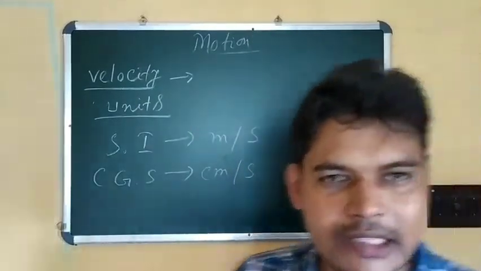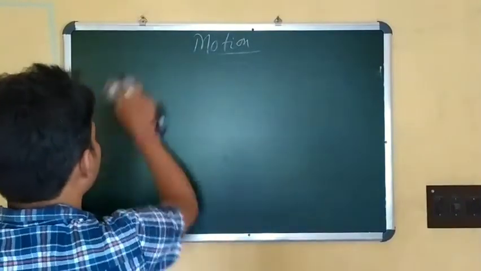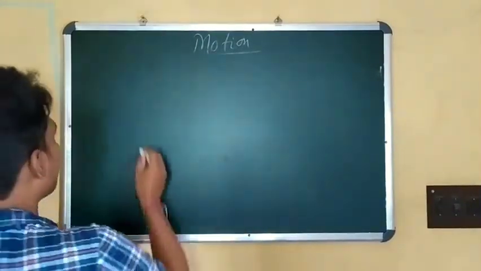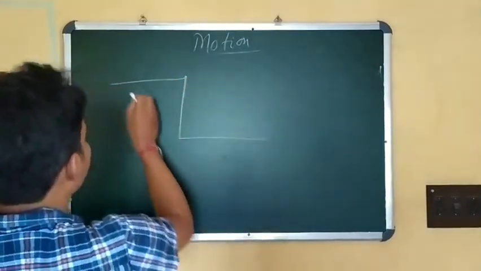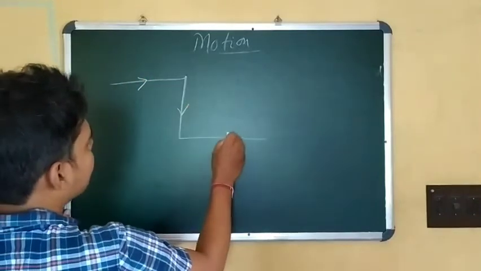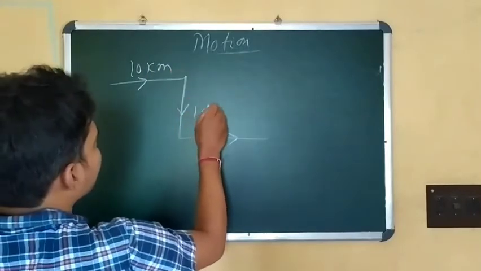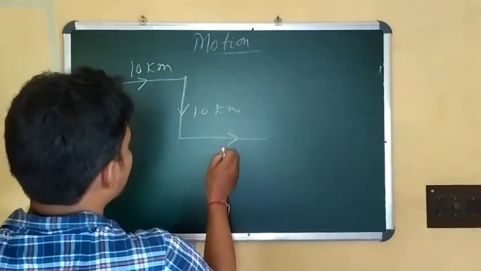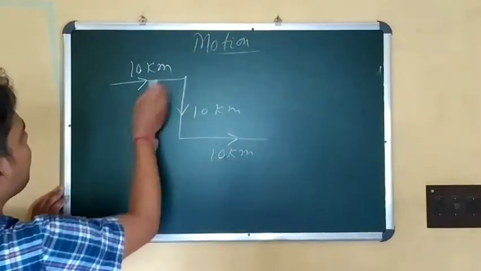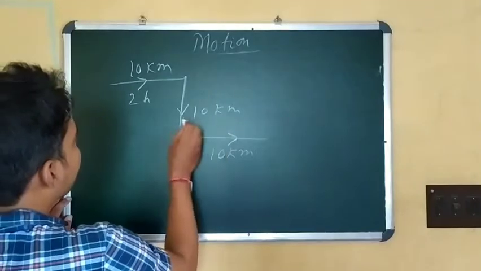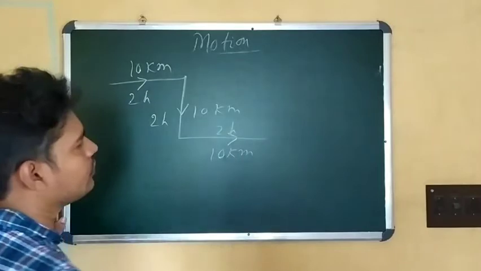Just take one example to make it clear. If one object travels a path in this way, that is 10 kilometer, that is also 10 kilometer, and this path also 10 kilometer. Okay, it takes 2 hours, here also 2 hours, and here also 2 hours.